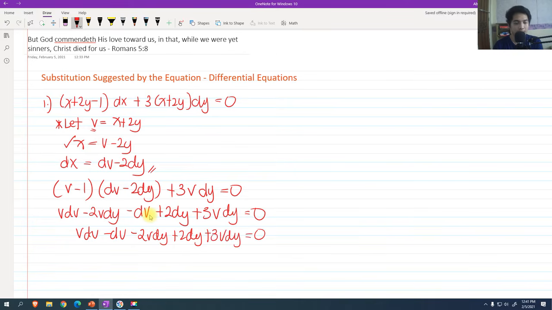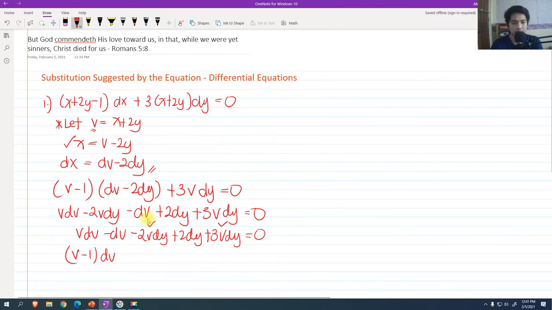We cannot simplify v dv minus dv as is, but rather we can factor out dv. So we have v minus 1 dv here. Then we can simplify negative 2v dy and 3v dy.